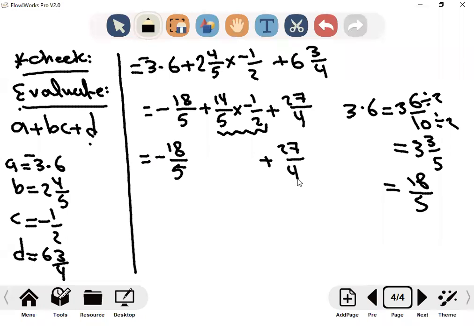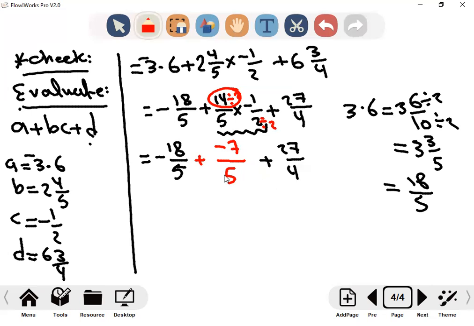Now in the multiplication, I can cross the 14 with the 2. This will be 7 multiply 1, negative 1, negative 7, right? Over 5 by 1. Right? Correct. I multiplied, I crossed, then I multiplied.